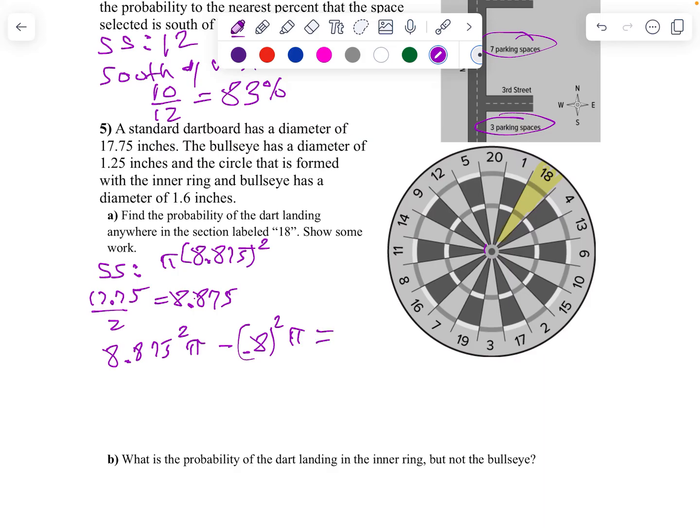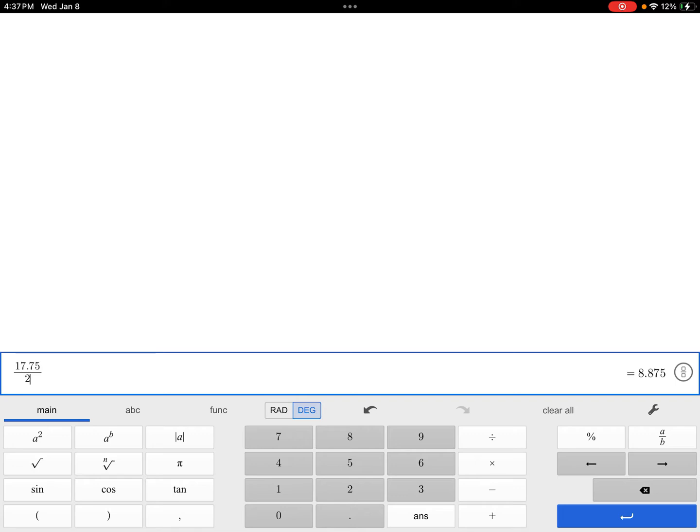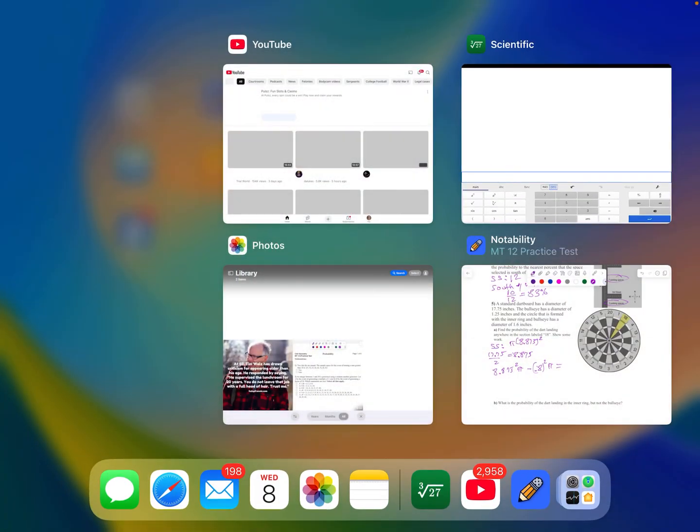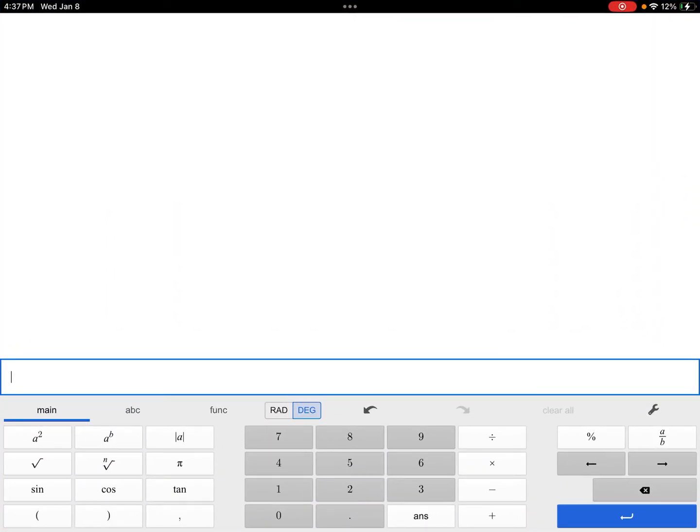So let's do that first off. I'm going to take 8.875 squared pi minus 0.8 squared times pi. That will be the area of that ring that has 18 in it.